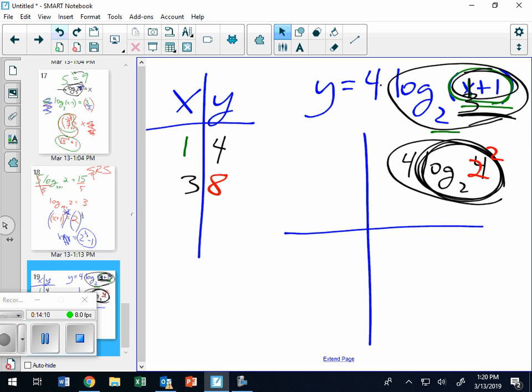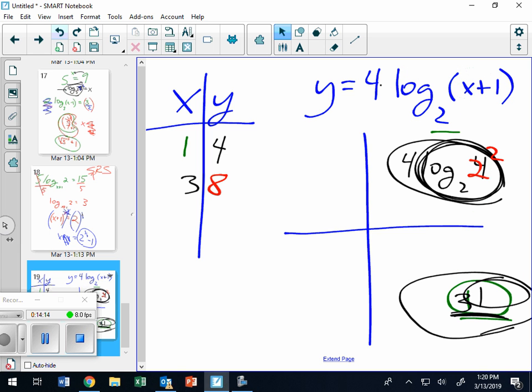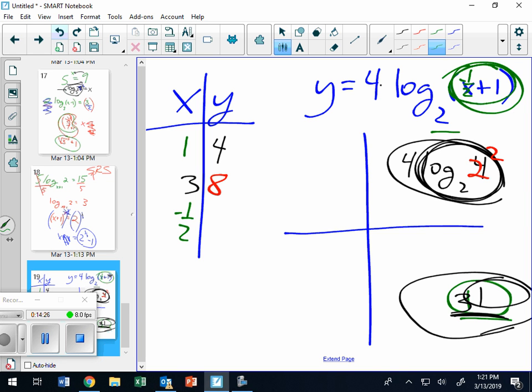And one last point. Can anybody tell me how I could have put in something to make this have become a fraction? Did anybody do that? What'd you do, Kitty? All right. To put in negative 1/2, negative 1/2, this becomes 1/2. And then why is that special, KT?